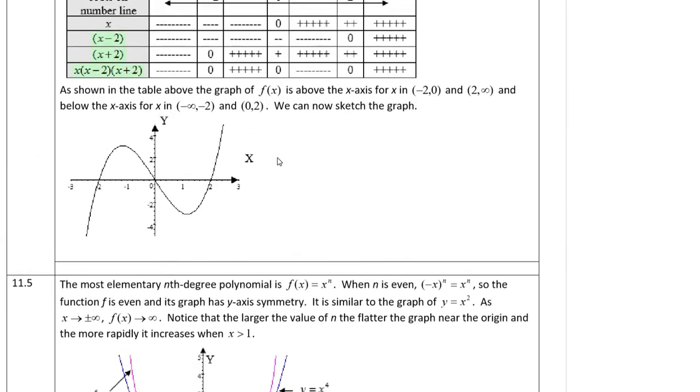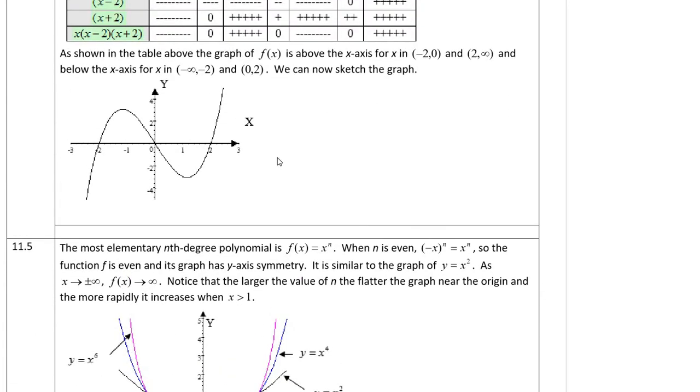Then we said that if you have uneven powers, then you will have one arm down and one arm up in your polynomials if you draw the graph. So when it's a positive leading coefficient, it will be right arm up. So at infinity, the right arm will go up. And at negative infinity, the left arm will go down.